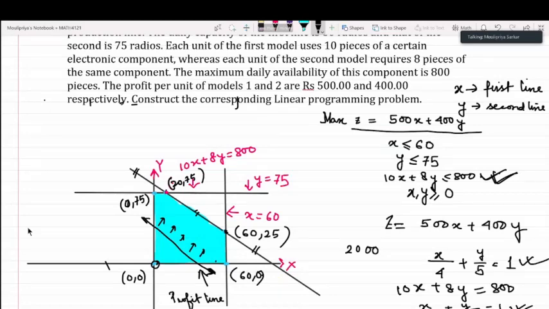Every point lying on the line 10x plus 8y equal to 800 would give the same maximum value. That implies this particular problem will have infinitely many solutions.